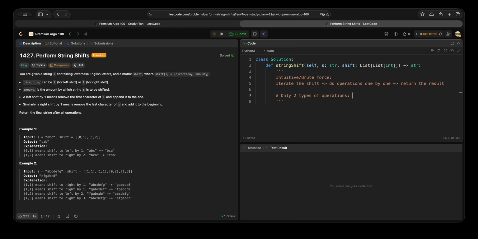What are these? Left or right. And each operation is not super complicated. It's just removing some part and shifting it to the left or right.